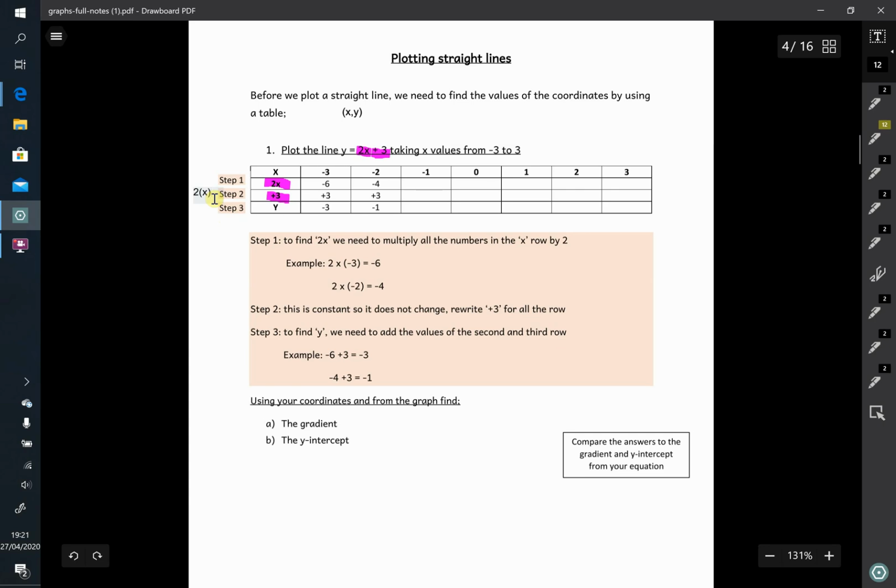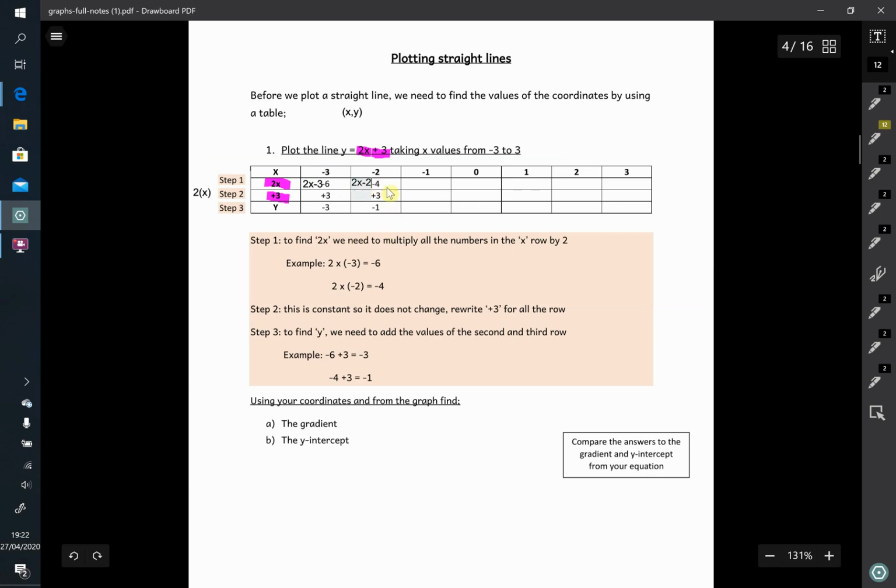So 2 times x. If you need to figure out that this is -6, what must you do? You will do 2 times -3. 2 times 3 is 6, plus and minus is -6. What will you do to get the -4? 2 times -2.